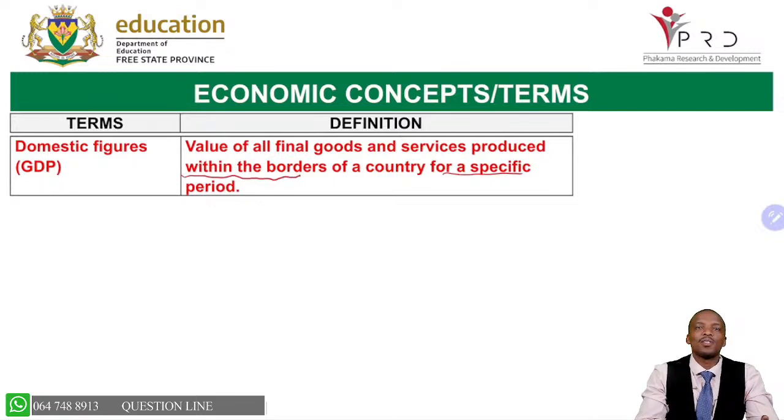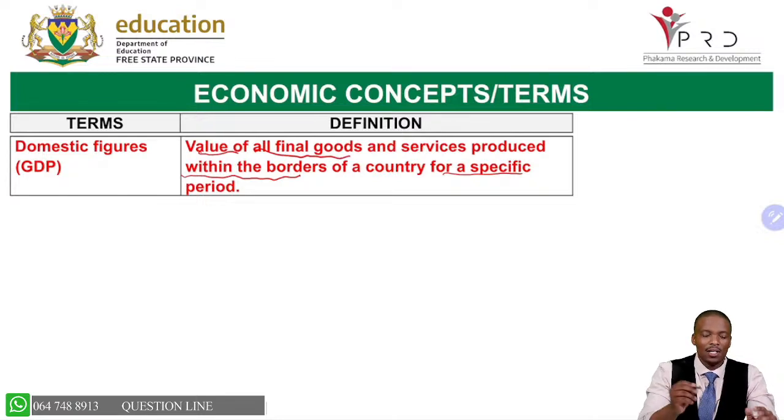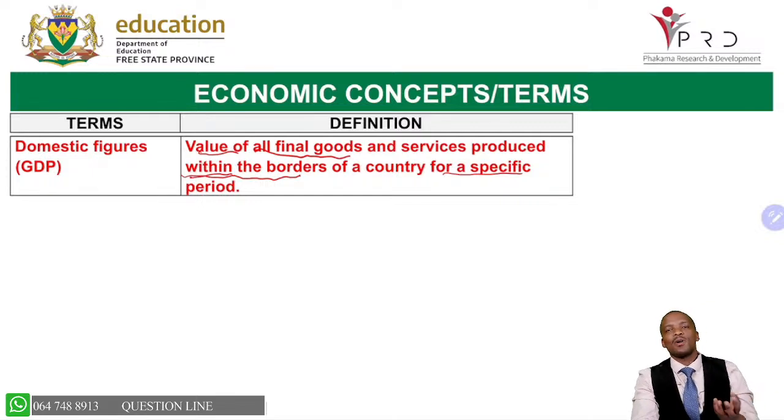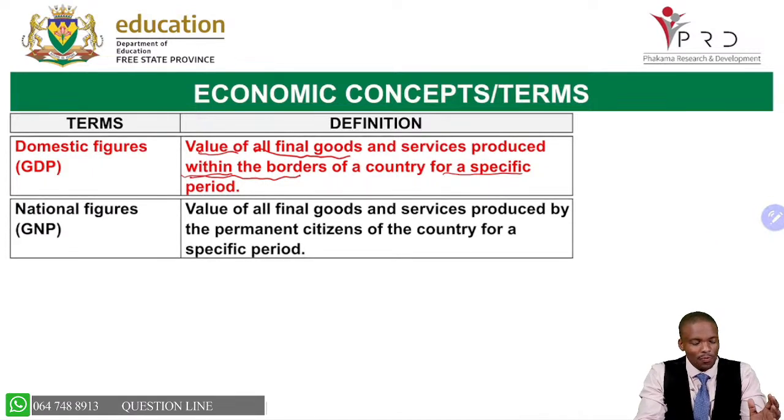The final, those are what we want to see when you are defining it. Those are some of the keywords that we want to see. And they are known as the domestic figures or gross domestic product, abbreviated to GDP.